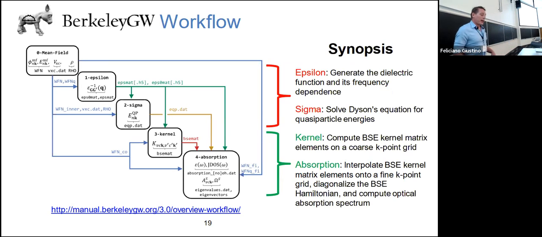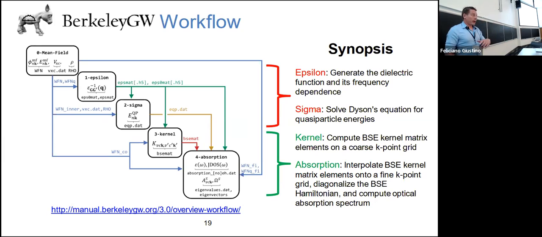Now, to give you a brief idea of what each of these modules is doing, Epsilon is generating the dielectric function or polarizability of the system. Well, it's connected with the polarizability of the system and its frequency dependence. And Sigma, reading the inverse dielectric function, calculates the screened Coulomb interaction and solves the Dyson equation in order to calculate the quasi-particle states of your system.